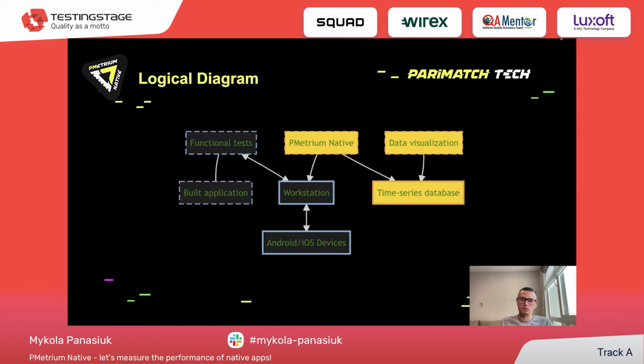When it comes to PMetrium Native, you have to add three components. One of them is PMetrium Native host itself, a time series database for storing data gathered by PMetrium Native, and a data visualization instrument. In our case, it was Grafana, connected to InfluxDB.